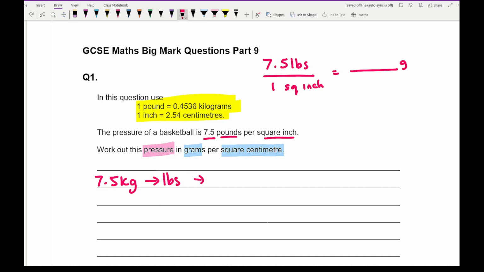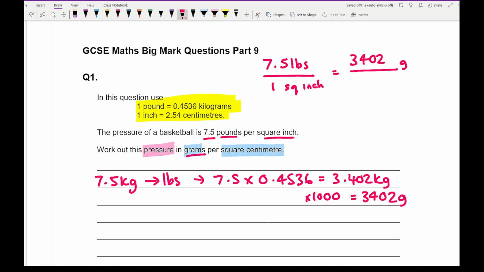What I need to do there is 7.5 multiplied by 0.4536, and if I type that into my calculator that gives me 3.402 kilograms, and then all I then need to do is convert that into grams by multiplying by 1000, and that equals 3402 grams. So I can write this number as 3402 grams.